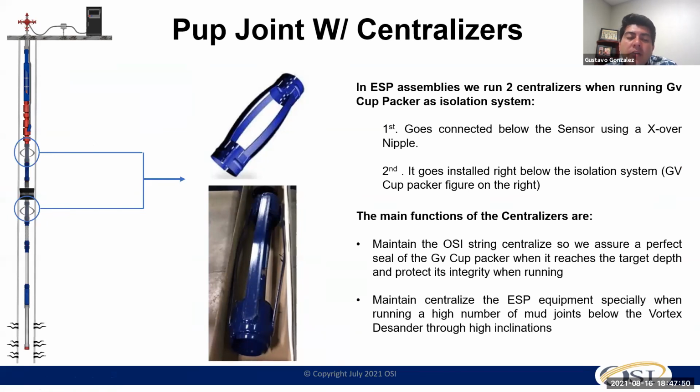That could affect your ESP in the future, because you're pulling the shaft to one side, and with the amount of vibration we see through your pump when dealing with a lot of solids, it could cause future damage. So the centralizer helps keep everything centralized. At the same time, it acts like a shock absorber, absorbing some of that vibration, so the ESP can stay in the ground for a long period of time.